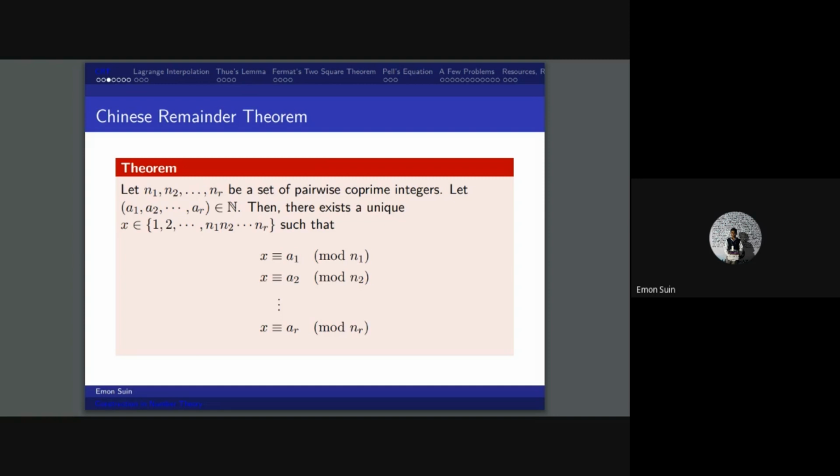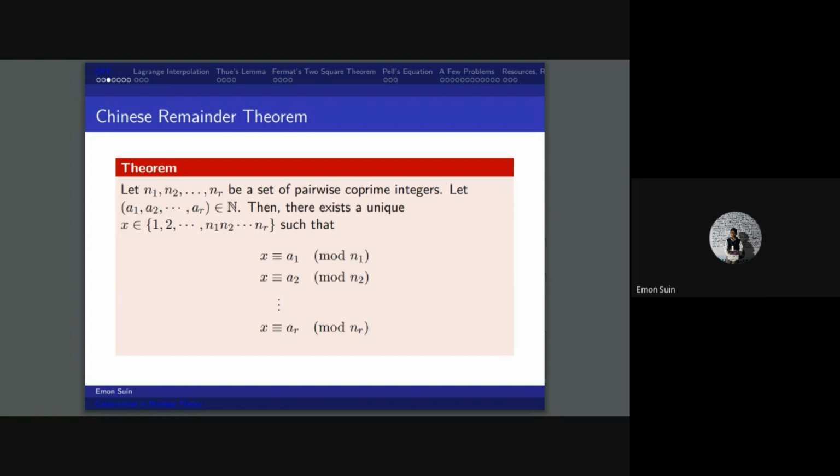Then there will always exist a unique x in the set 1 to n1 times n2 and so on up to nr, such that x is congruent to ai mod ni for i running from 1 to r.